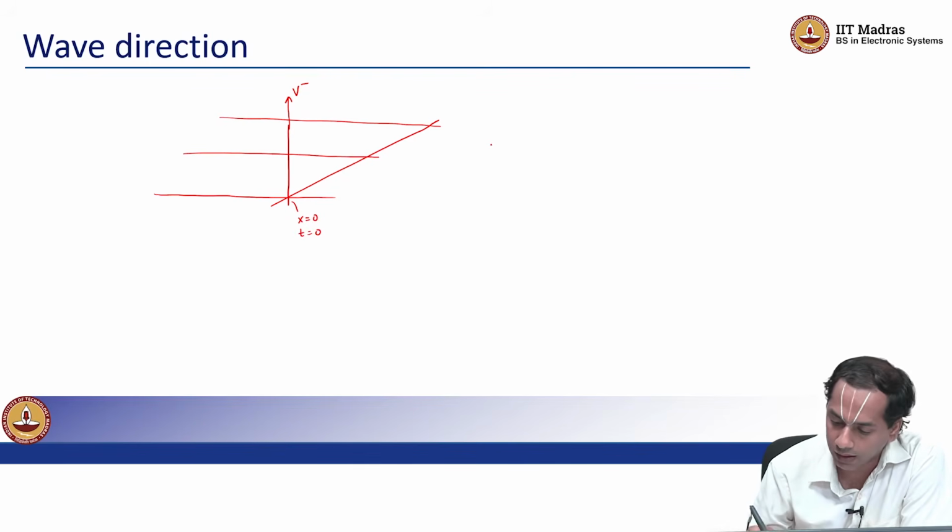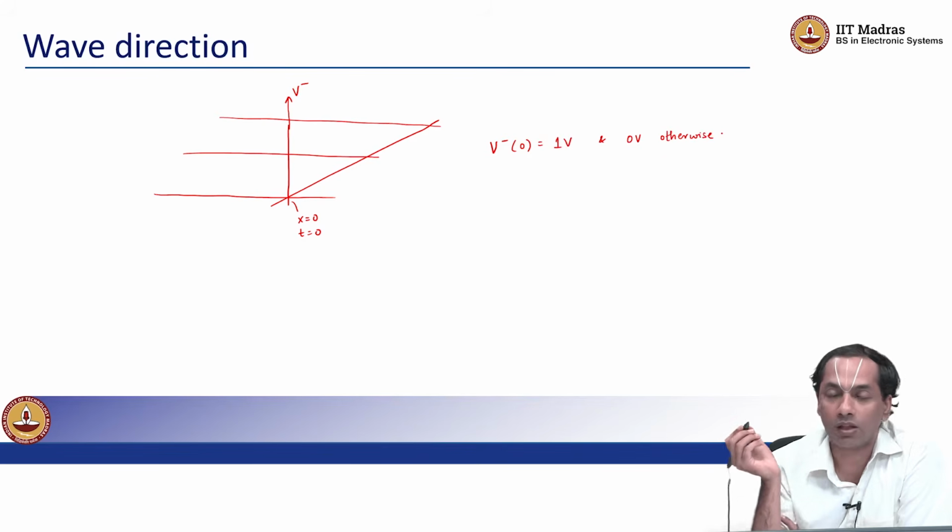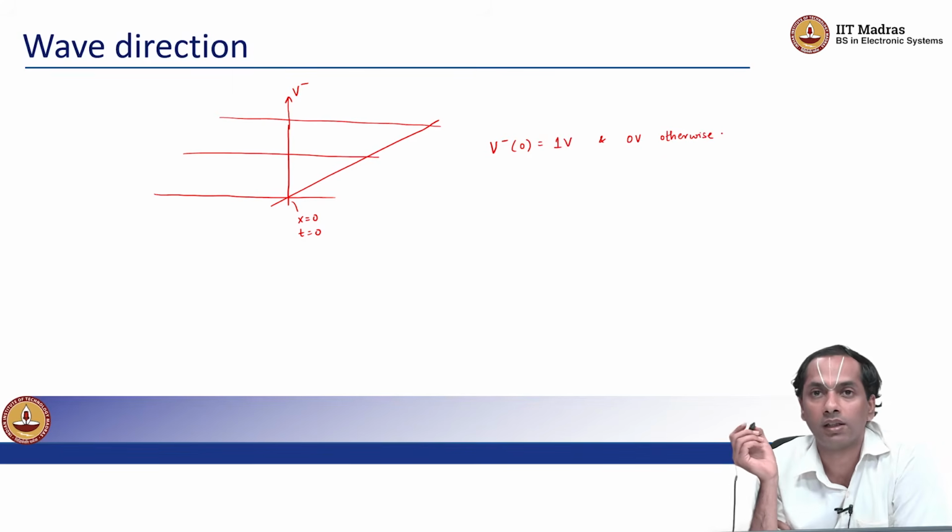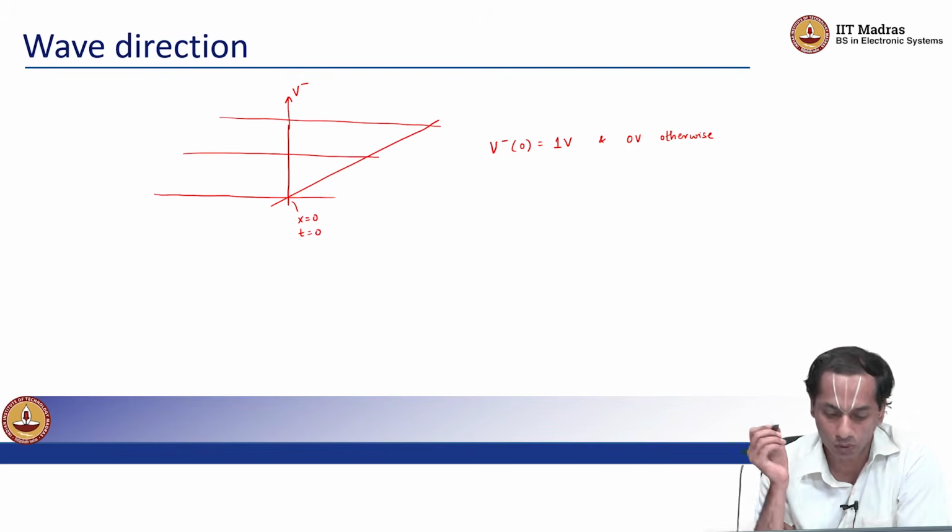And I say that V minus of 0 is 1 volt and 0 volts otherwise. For all other arguments of V minus, the voltage is 0. Except at the value of 0, V minus of 0 is 1 volt.